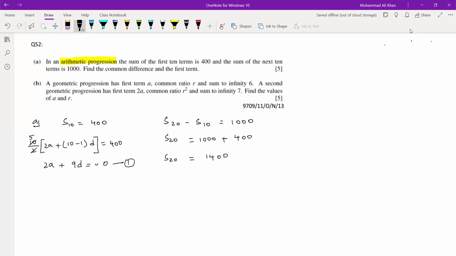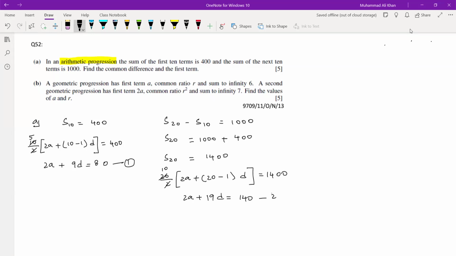Now, after that, second one, S20. S20 is n/2 (2a + (n-1)d), and the common difference is d, equals 1400, right? So 2 10s are 20. So 2a plus 19d equals 1400 divided by 10, which is 140.